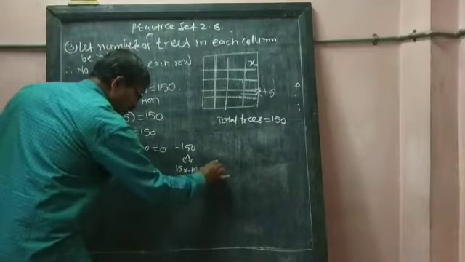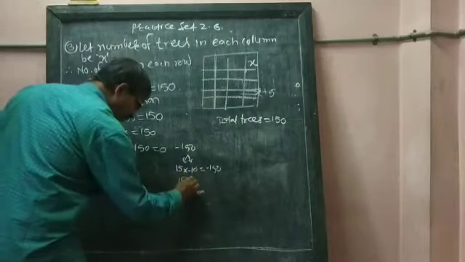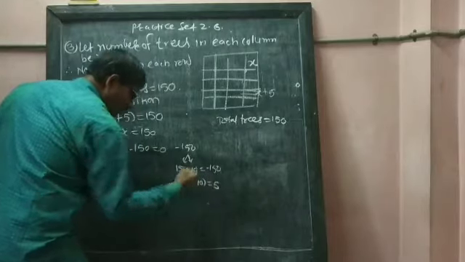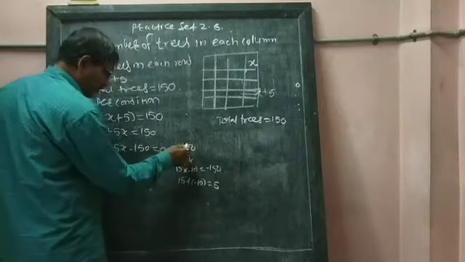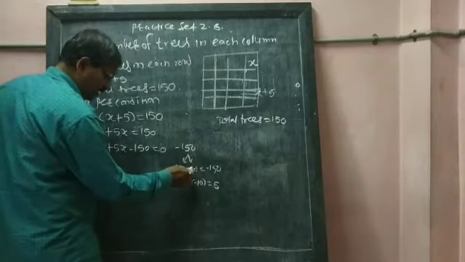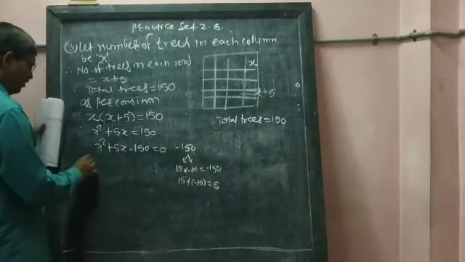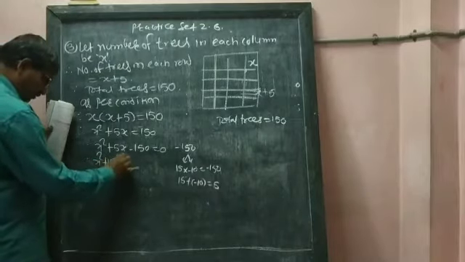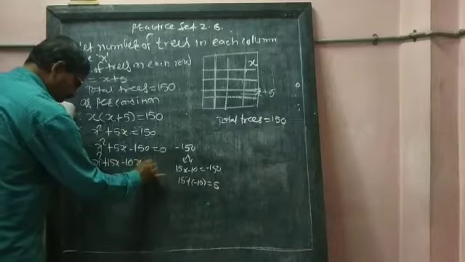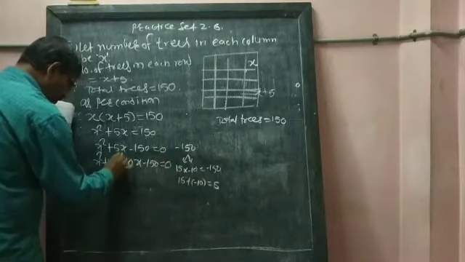It becomes minus 150, and 15 plus minus 10 is equal to positive 5. So what are the two numbers? 150 is split such that 15 into minus 10. So I will take x square plus 15x minus 10x minus 150 is equal to 0.